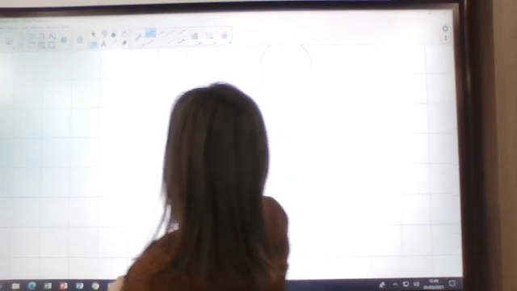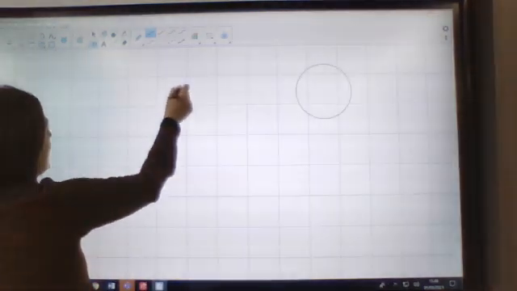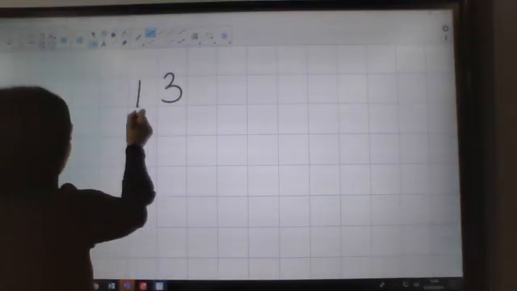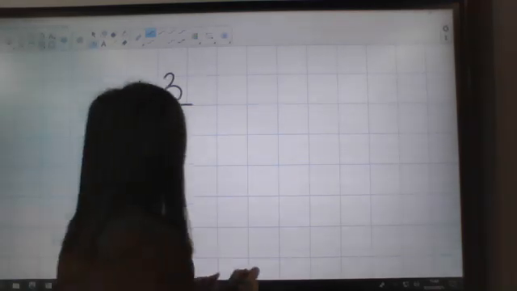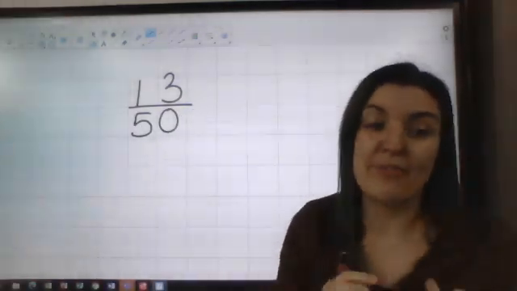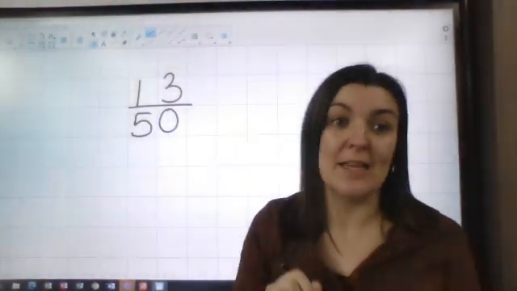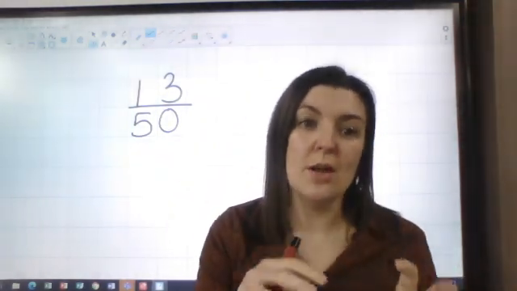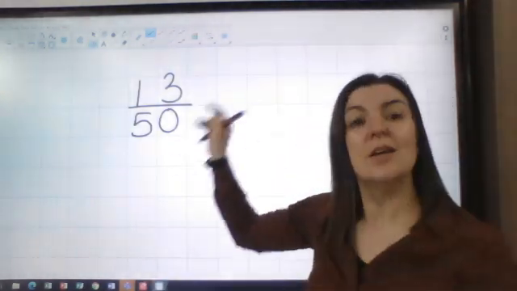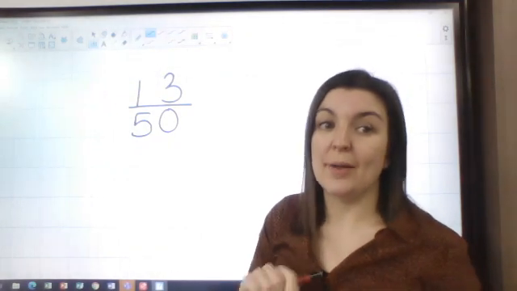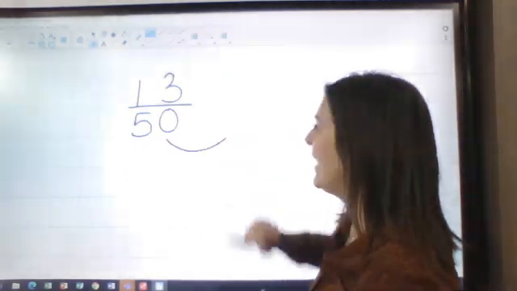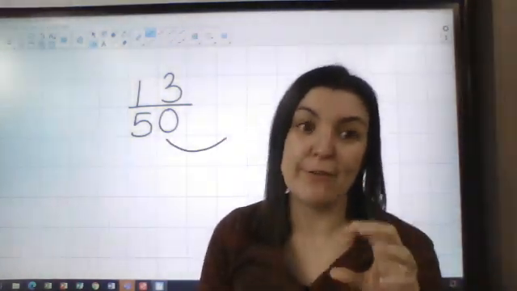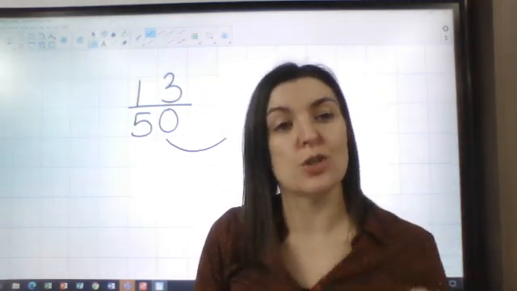So you might have something like 13 out of 50. Your denominator is 50, so in this case we'd have to use multiplication to change 50 to 100. What would I multiply 50 by to get 100?